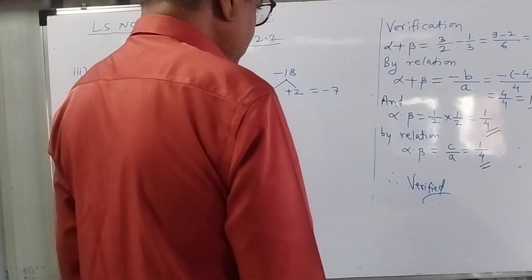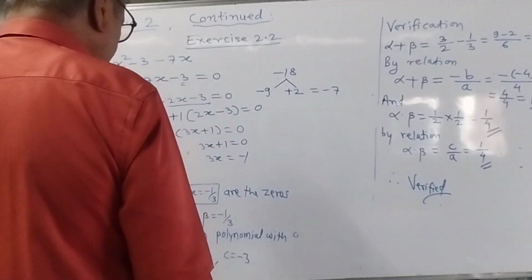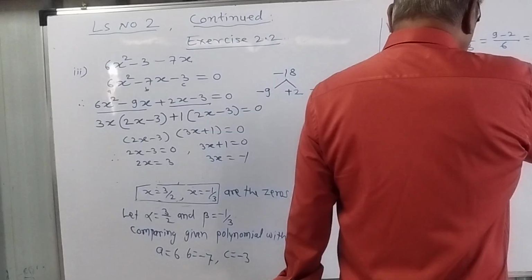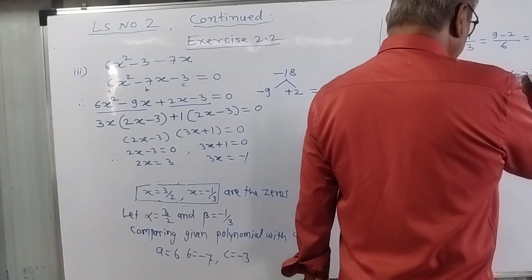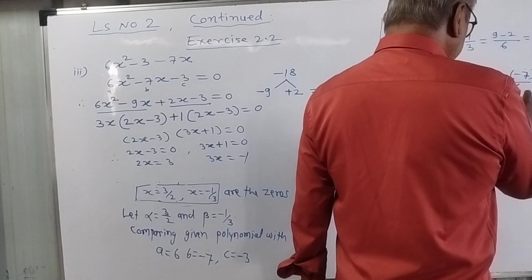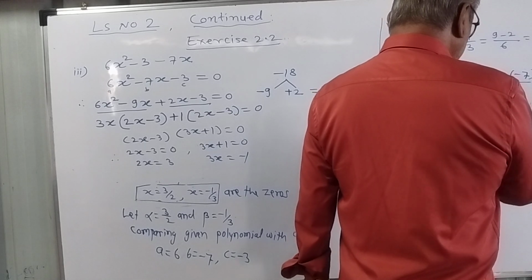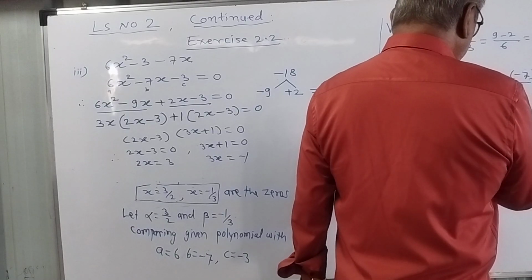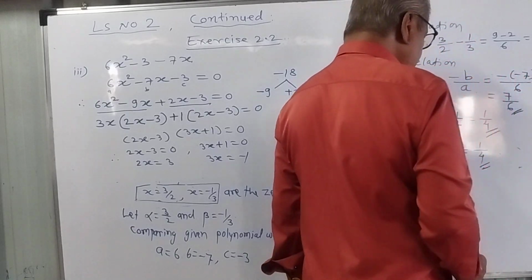By the relation, minus b upon a, so minus and b is also minus, so minus 7 upon a is 6. Minus becomes plus, so 7 upon 6. Addition sum is verified.